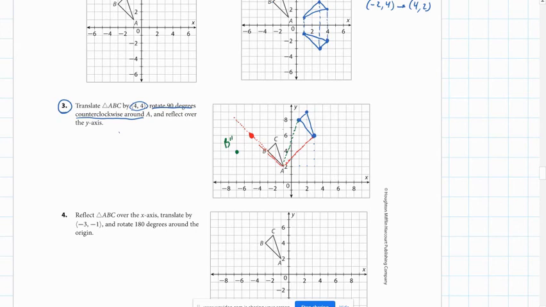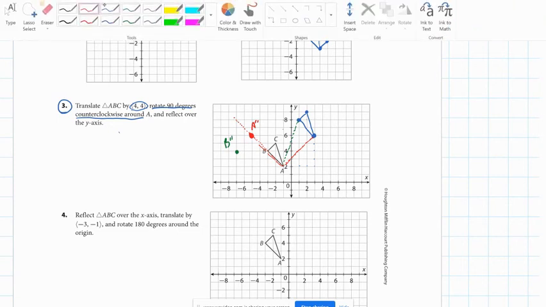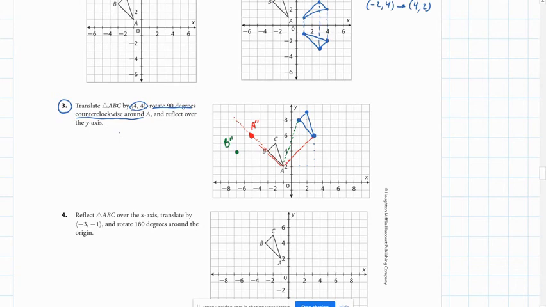So A double prime was here. B double prime is there. C double prime, to get from A to C, is up 1, 2, 3, 4, 5, 6, 7, and over 3.